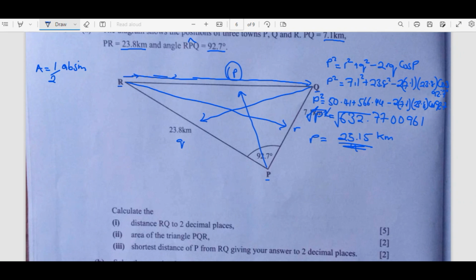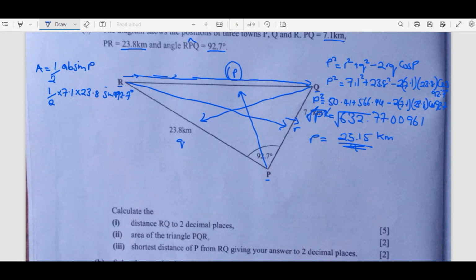In this case the angle which has been given is P, so we can say 1/2 times, where a is this side, which is R, 7.1, times b, 23.8, and then sine 92.7.